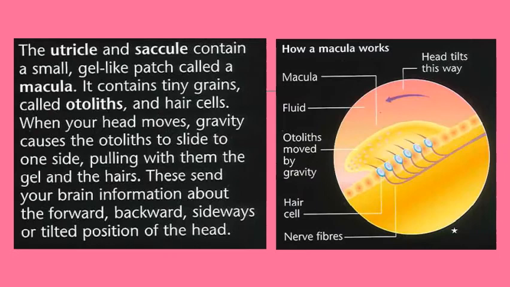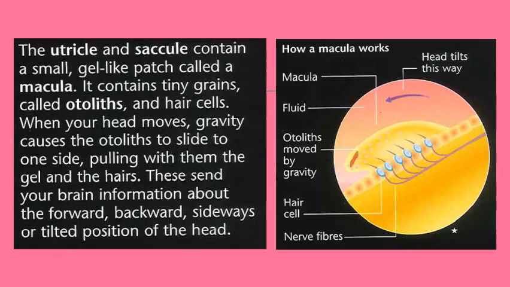The utricle and saccule contain a small gel-like patch called macula. It contains tiny grains called otoliths and hair cells. When your head moves, gravity causes the otoliths to slide to one side, pulling with them the gel and the hair.